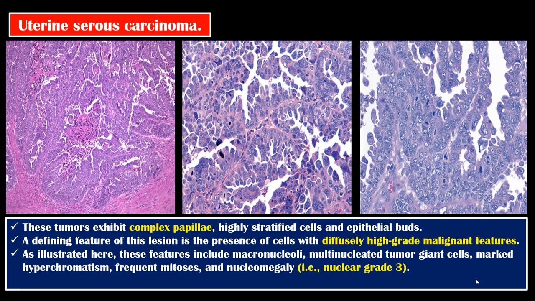As illustrated here, these features include macronucleoli, multinucleated tumor giant cells, marked hyperchromatism, frequent mitoses, and nucleomegaly, that is nuclear grade 3. It has a distinct immune profile, that is strong and diffuse nuclear staining for p53.